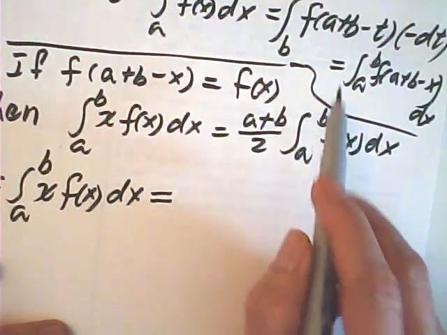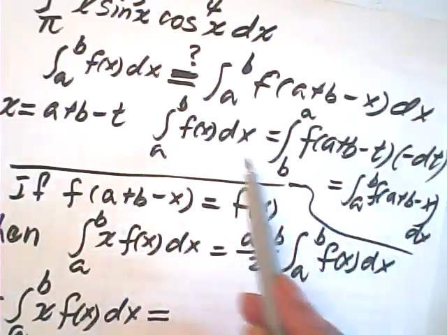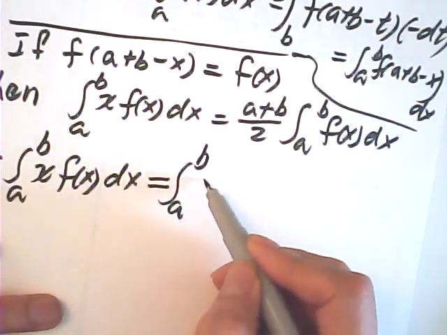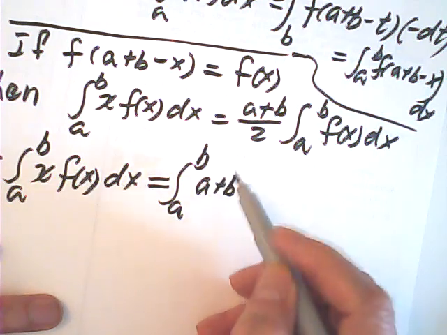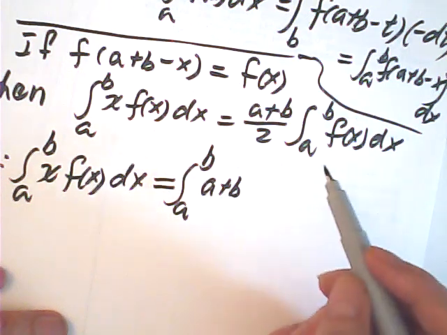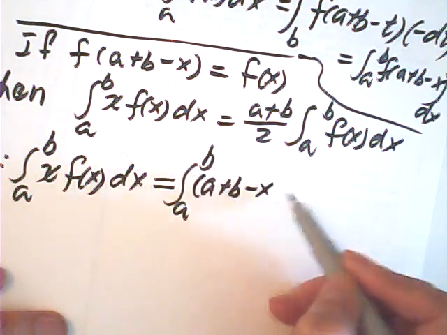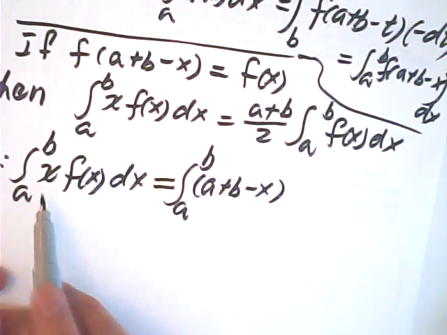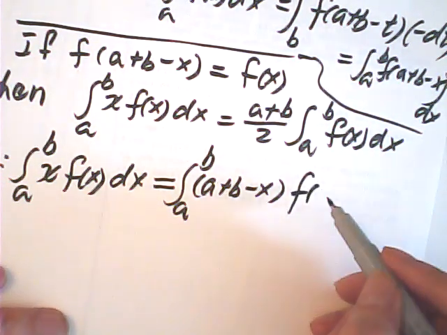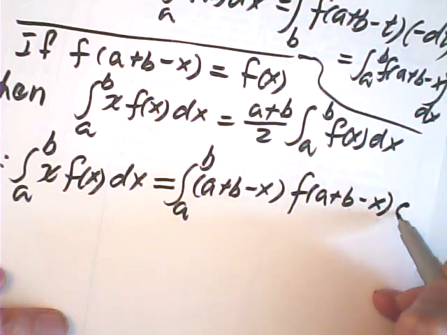is equal to, according to the above property, the integral from a to b of a plus b minus x, right? It's for this one, times f of a plus b minus x dx.